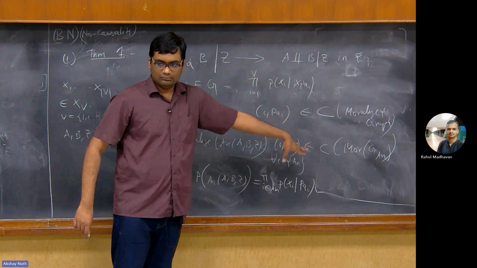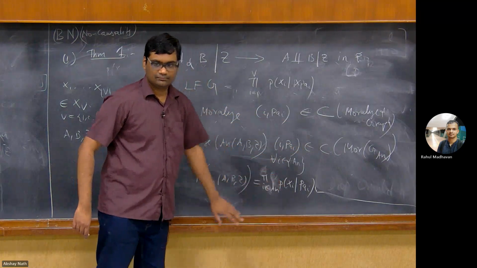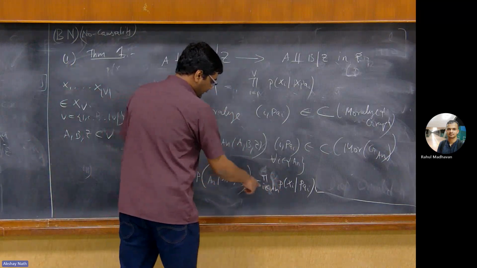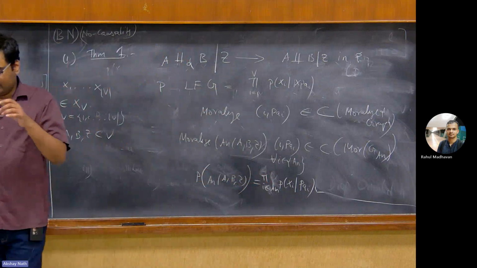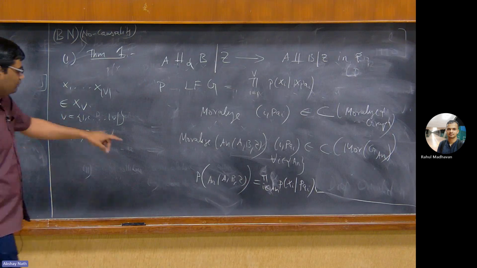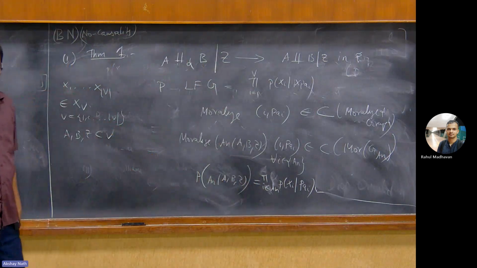PAi will belong to the moralized graph's cliques, and this factorizes accordingly. If there are some hanging things, we can just delete them out, because the rest of them will be factorizations. You just marginalize over. You can actually prove it. It's very easy. Okay, that's a good thing about directed graphs.